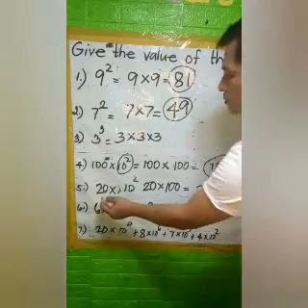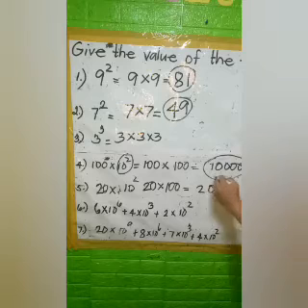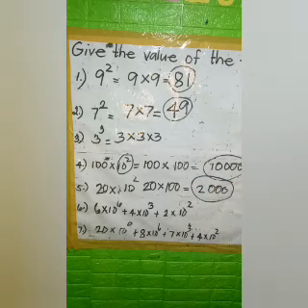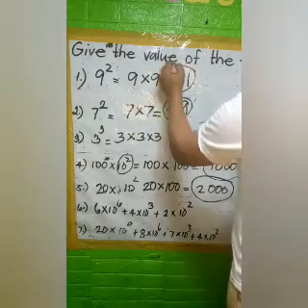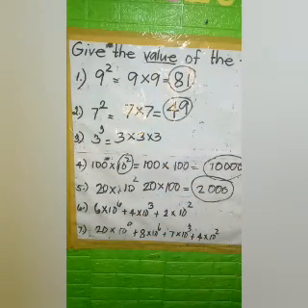So, the product of 20 times 10 squared is 2,000. Tama po ba sagot nila? Never mind kung mali, ang importante ay naintindihan ninyo kung paano natin kinuha ang value ng ating exponential expression na inyong nakikita dito sa pisara.